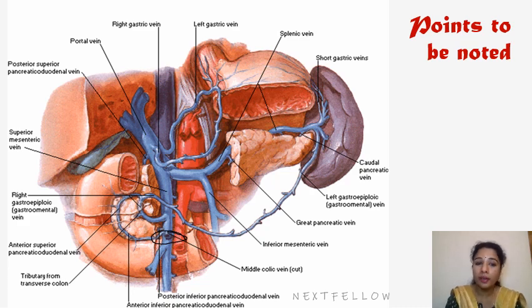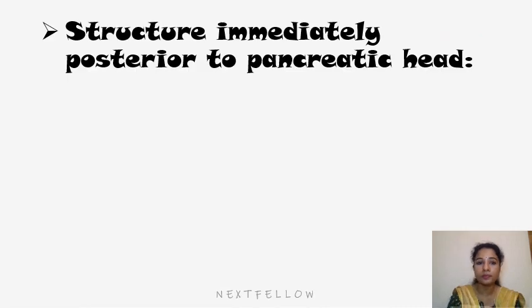Behind the neck of the pancreas, we can see the formation of the portal vein, where the splenic vein and superior mesenteric vein join to form the portal vein. So these are the important relations of the pancreas to be noted.